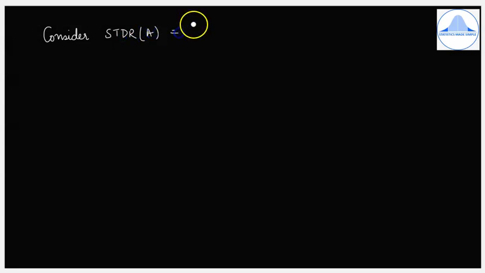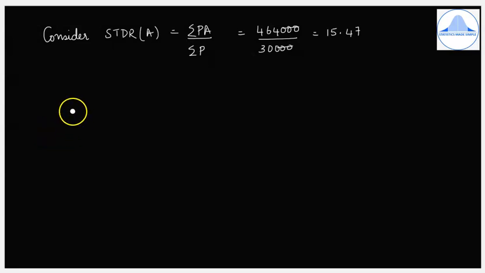It was summation PA divided by summation P, which is equal to 4,64,000 divided by 30,000. If I simplify, I will get 15.47. You can just take two places after the decimal after rounding off.